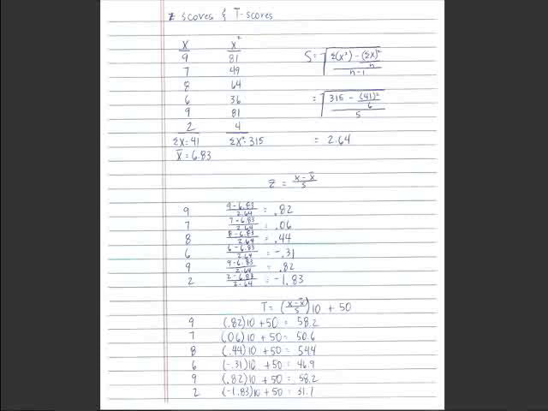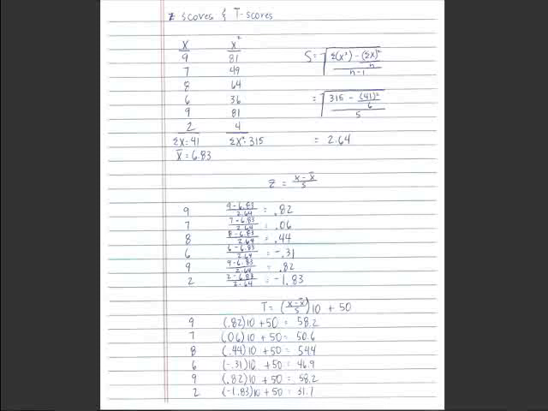The interpretation of that, and I would probably jot this down somewhere, is that the raw score of 9 is 0.82 standard deviations above the mean. The fact that it's a positive score, even though I don't have a plus sign, means it is a positive score.